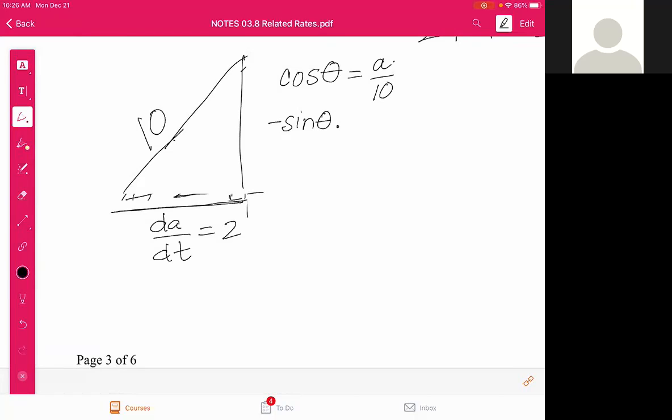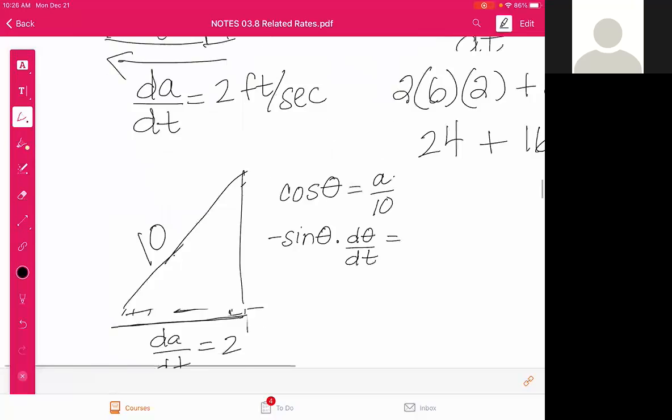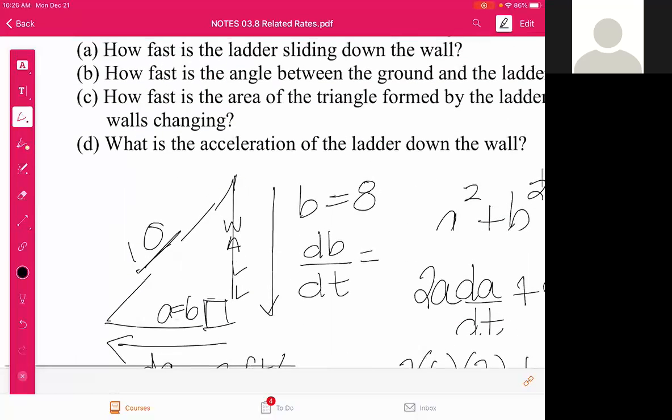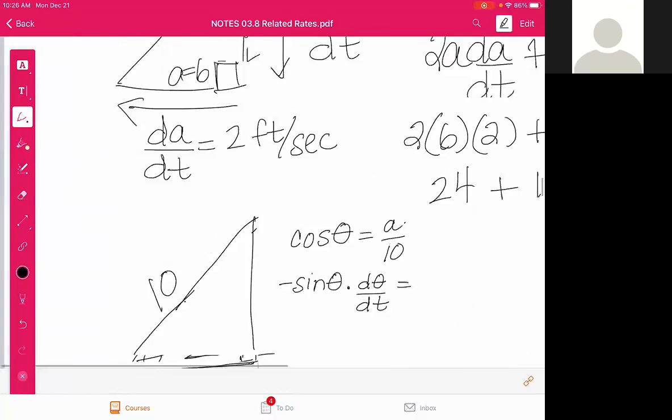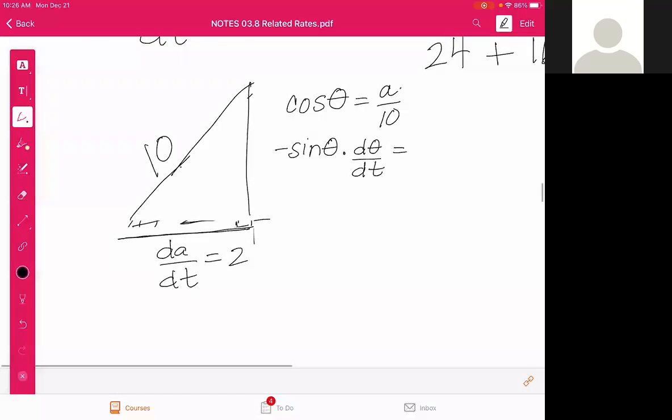So this is times d theta dt. We need that d theta dt in our equation because that's what we're looking for. They're asking us how fast is the angle changing. So I need that d theta dt in there.